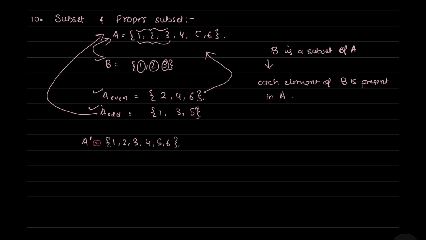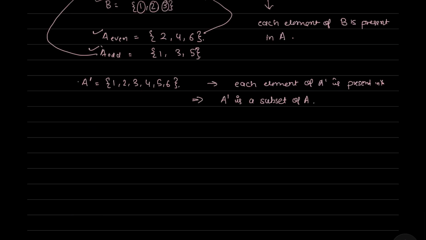Here you can see both A and A dash are the same. So basically each element of A dash is present in A. If I write it here, each element of A dash is present in A. So this means A dash is also a subset of A.